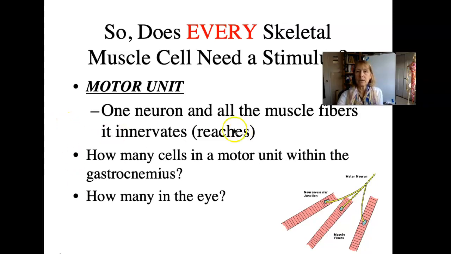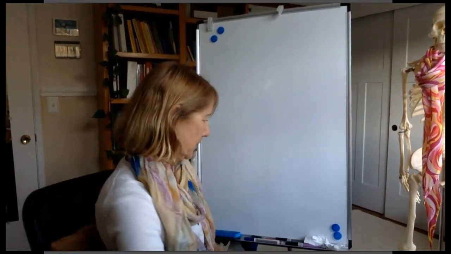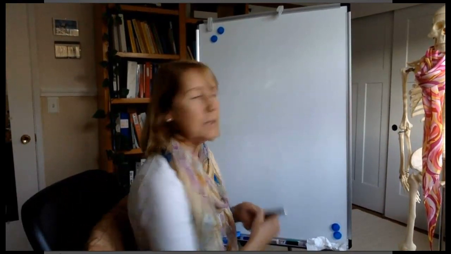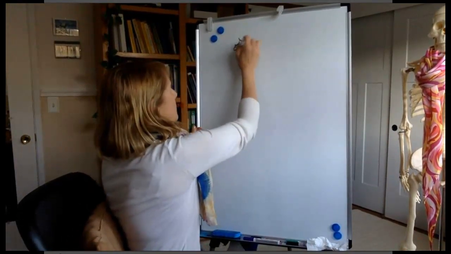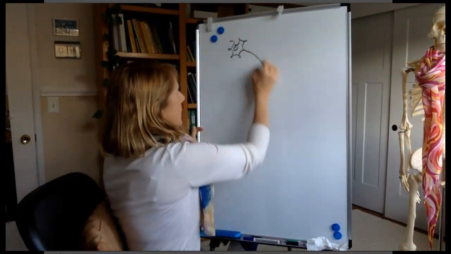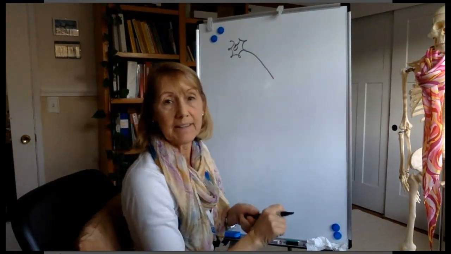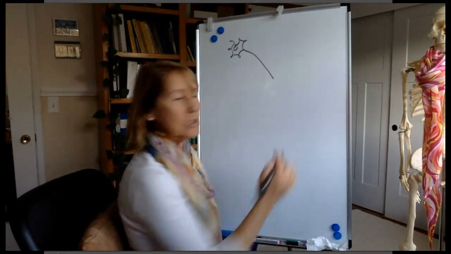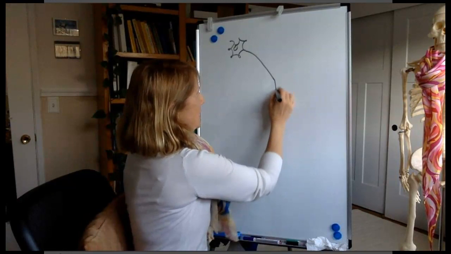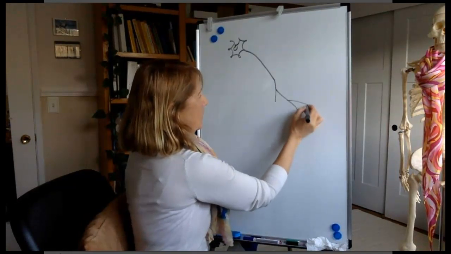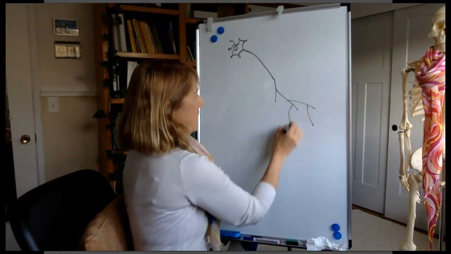Okay, so let's go and take a better look at what this is when we're talking about a motor unit. So when we're talking about a motor unit, we have one neuron. This is my neuron, and it's got one axon, but that axon has the ability to branch out a lot. So it can branch here and here and here, and this one's going to branch here and there.